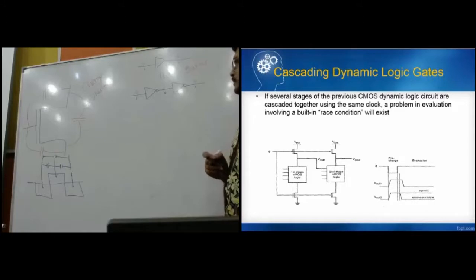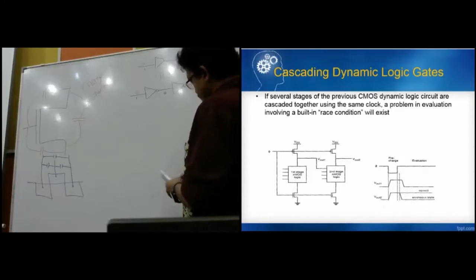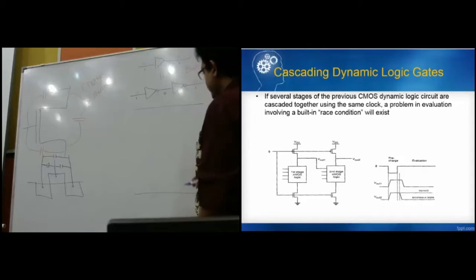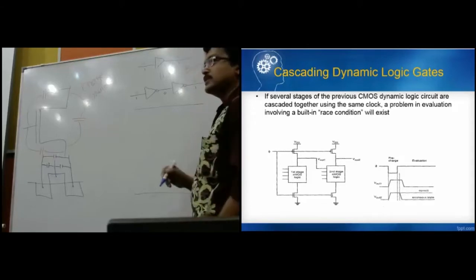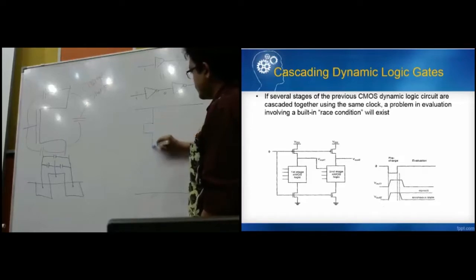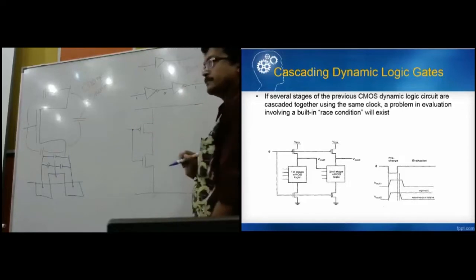Okay. So how do I draw this? Macam mana lukis ni? Kalau katakan nak lukis yang statik yang paling senang kan? Ini adalah statik. Betul?